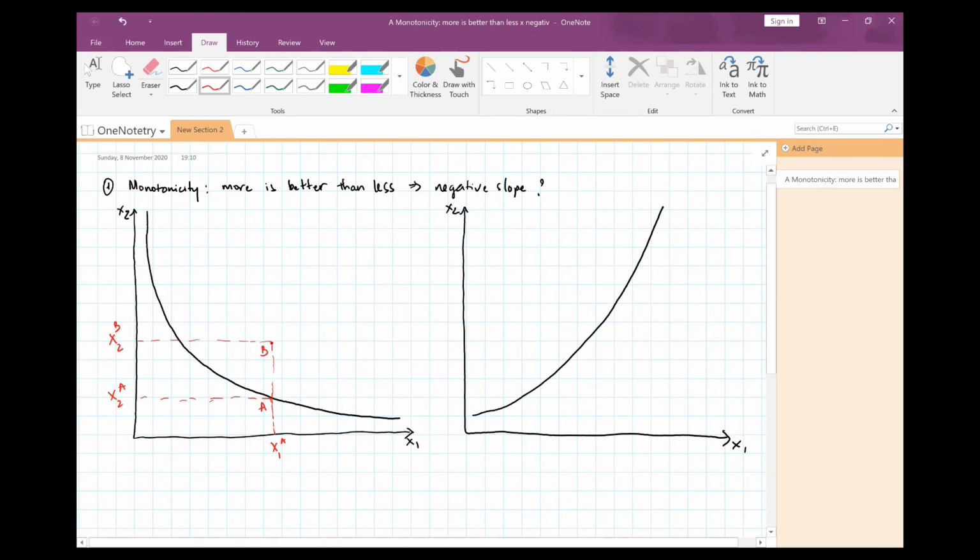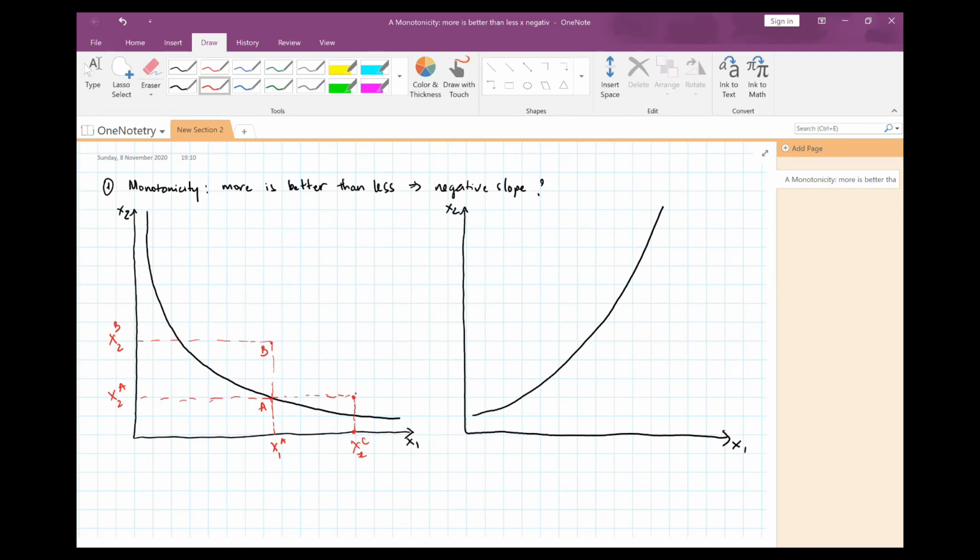The second scenario, if you keep x2 constant now, but you increase the consumption of x1 only, to point x2, x1, let's say C. So at this point C is still on the right hand side of the indifference curve.